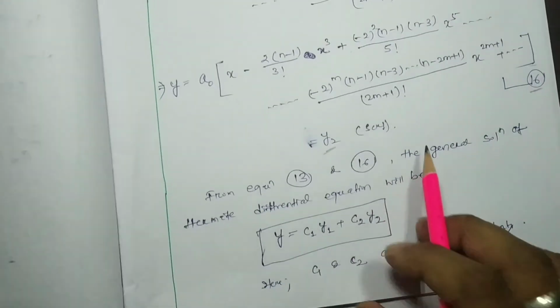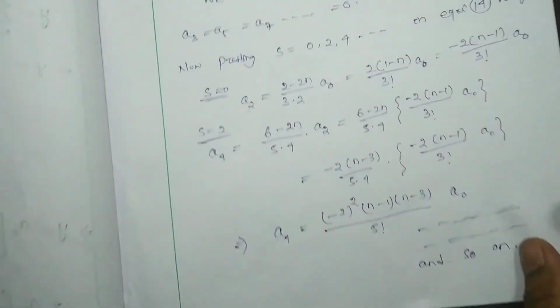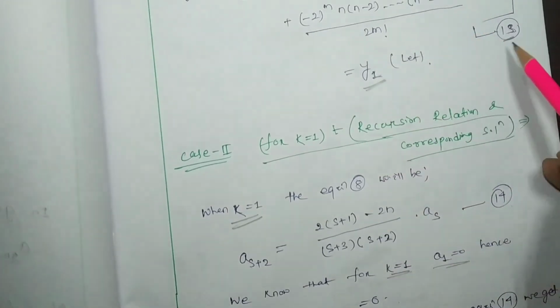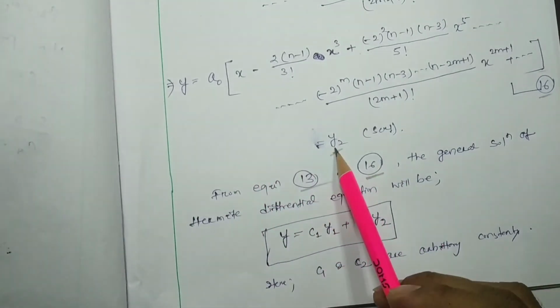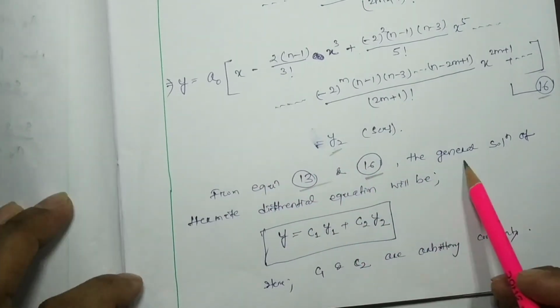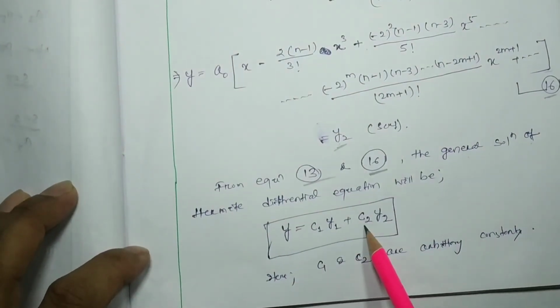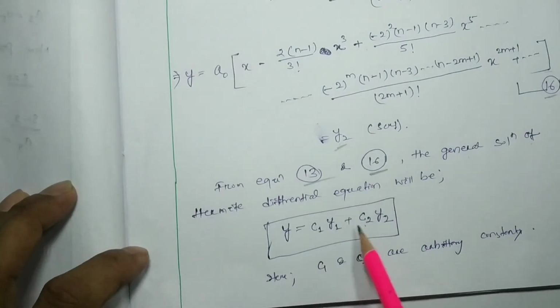Now from equation number 13 and 16, first we found one solution, y1. This is your equation number 13 and this is your equation number 16, which is another solution. So the general solution of the Hermite differential equation will be the linear combination of the two solutions, that is C1 y1 plus C2 y2.